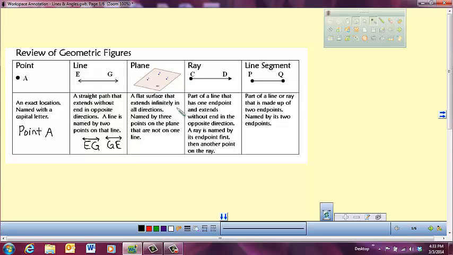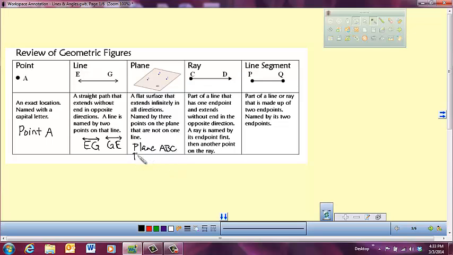A plane is a flat surface that extends infinitely in all directions. It's named by 3 points on the plane that are not on one line. So this plane, if I were to draw lines in, I'd need to make sure that these 3 points, A, B, C, are not on the same line. So we're going to name this plane, and you have to write out the word plane ABC.